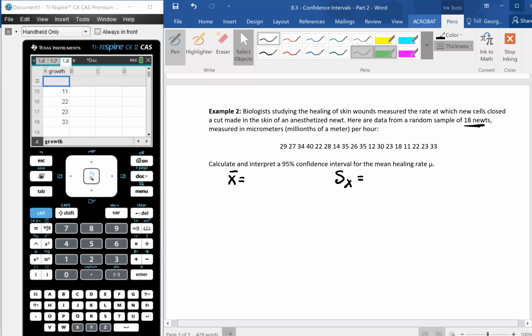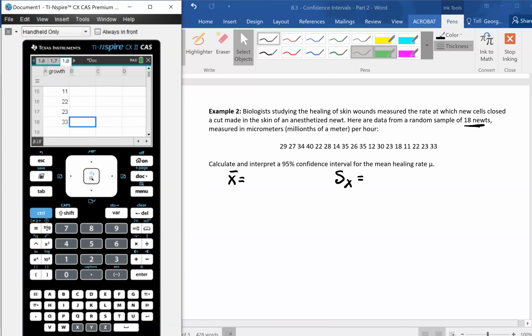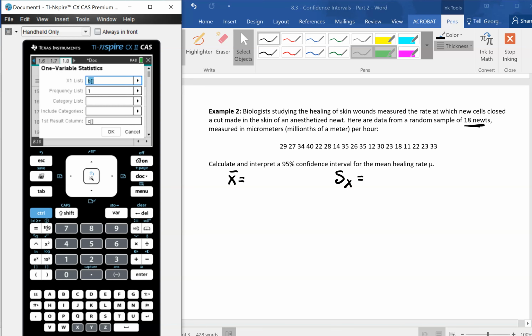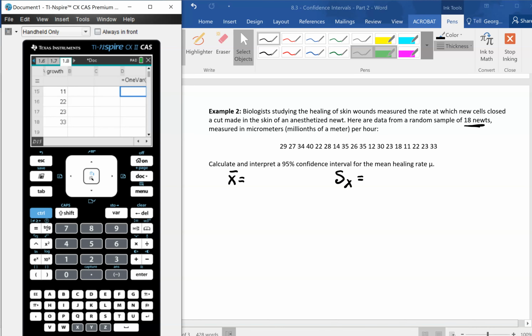Now we want to figure out our mean and our standard deviation. So we're going to hit menu 411. We got one list. We want to tell it what to find, so we want it to use growth. You can leave this as C, you can make it B, it doesn't matter, whatever works for you.